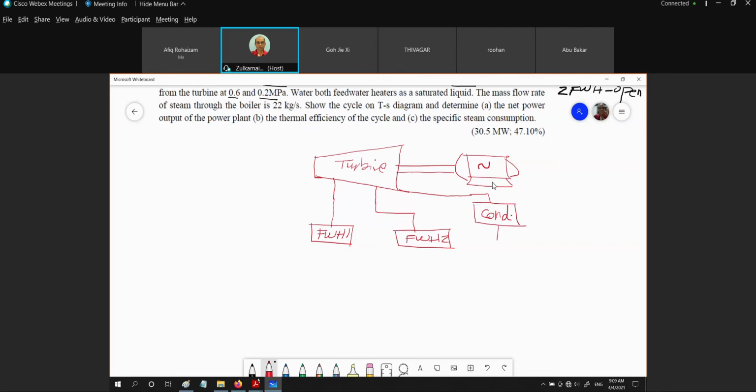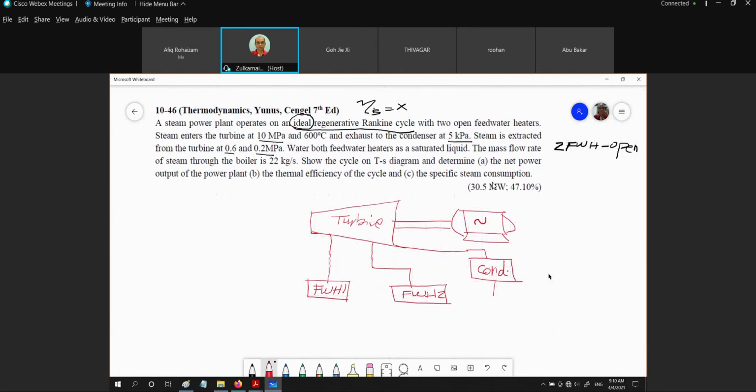Okay, and in the question, the feed water heater is given the extraction pressure. Here, the steam is extracted from the turbine at 0.6, so this should be 0.6 megapascal.